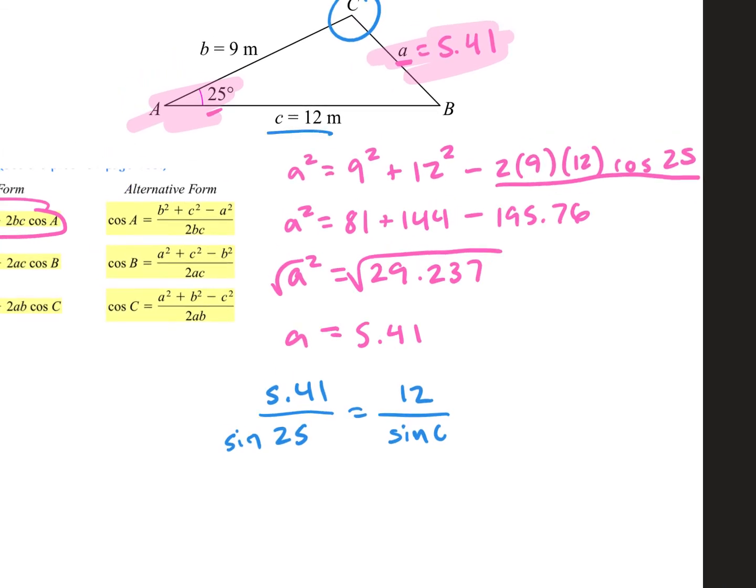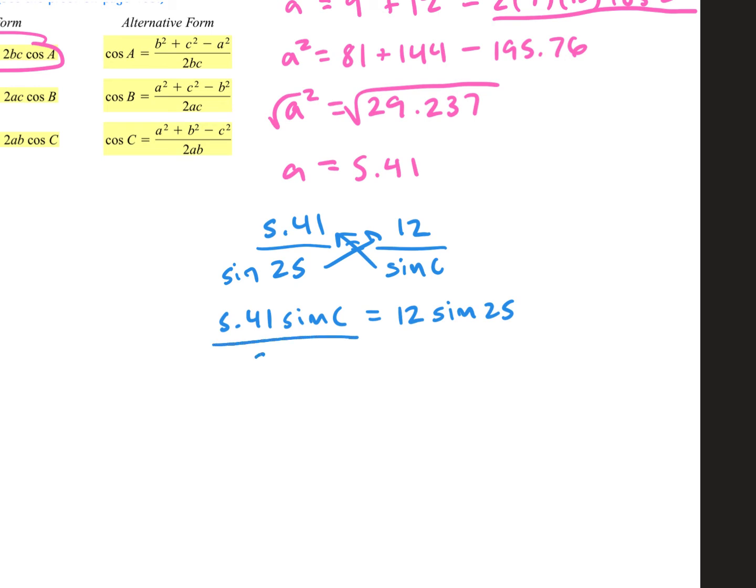So I can cross multiply. So I have 5.41 times sine of C is equal to 12 times sine of 25. Divide by 5.41. So I got sine of C is equal to 0.937. And then we have to take the inverse.